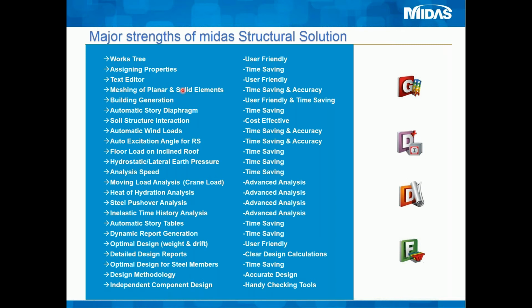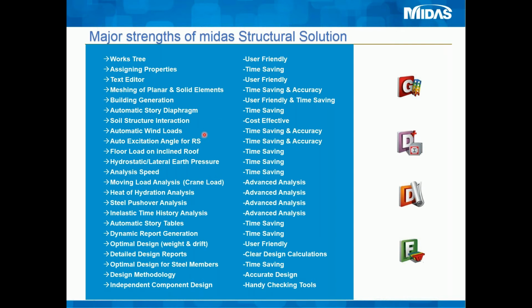Meshing of planar and solid elements is time-saving and accurate, leaving no node free. Building generation that can copy floors with different floor-to-floor heights is available. Automatic story diaphragms, like rigid diaphragm, are there. Cost effectiveness is achieved by using soil structure interaction.